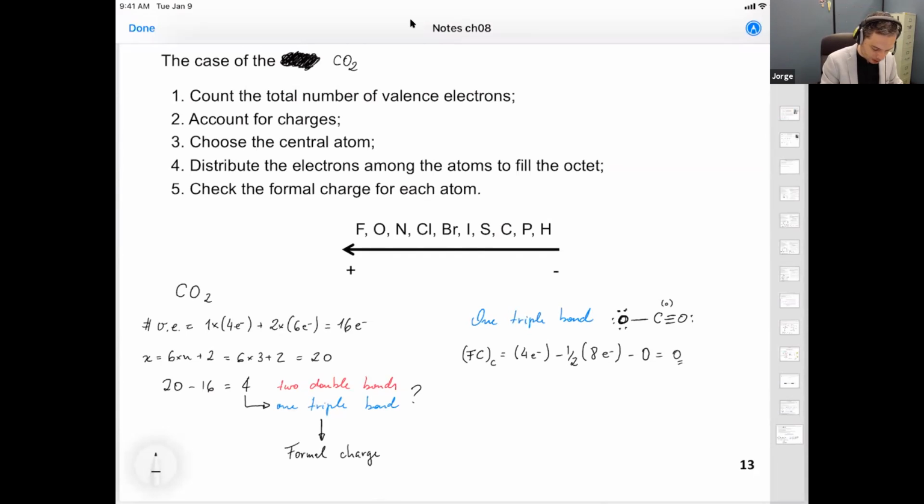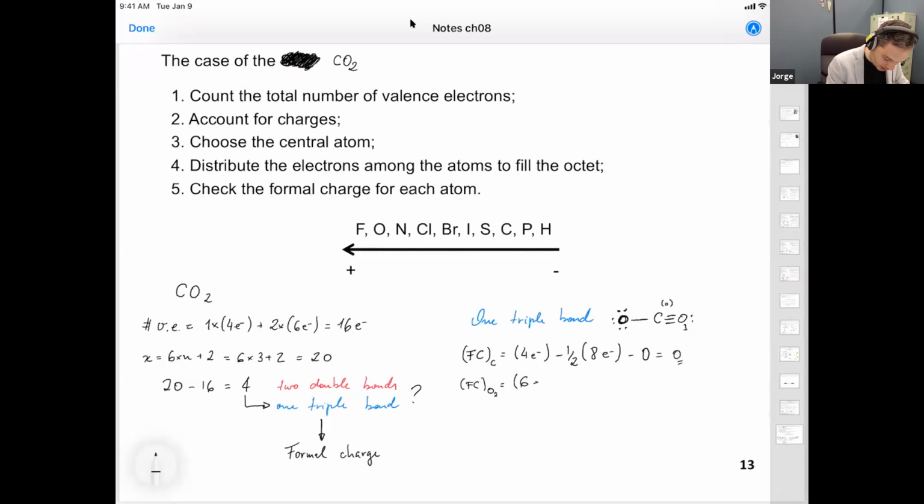So now let's take a look at the oxygen on the right side of the structure. I'm going to call this oxygen number 1, just to differentiate from the other oxygen. Formal charge for oxygen number 1, same thing.